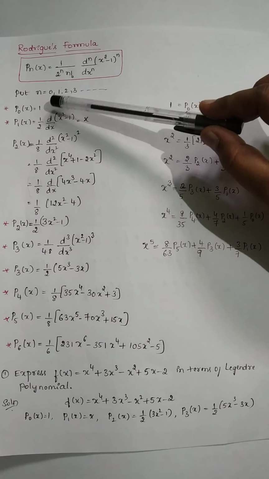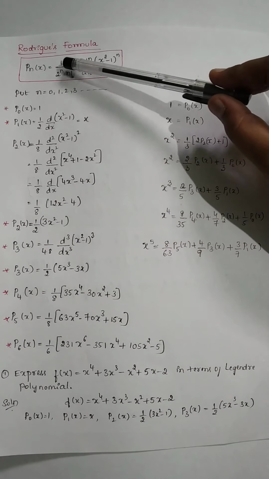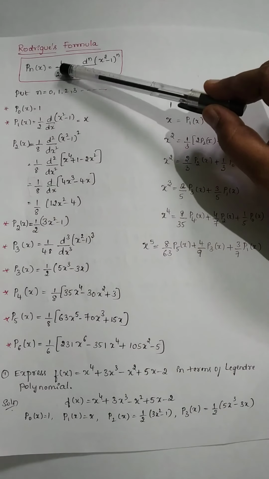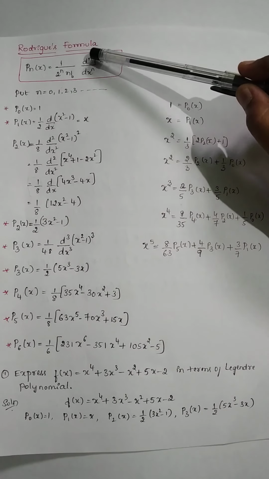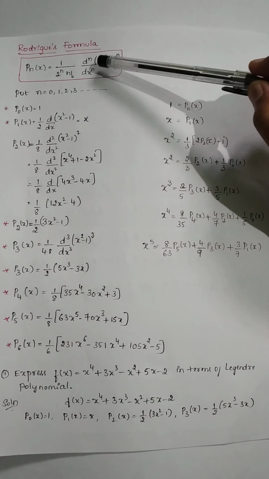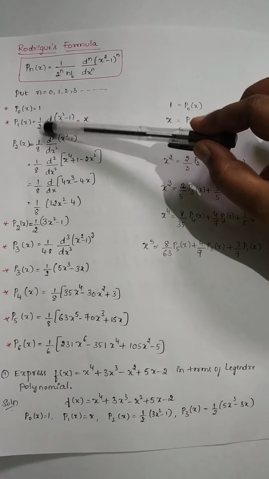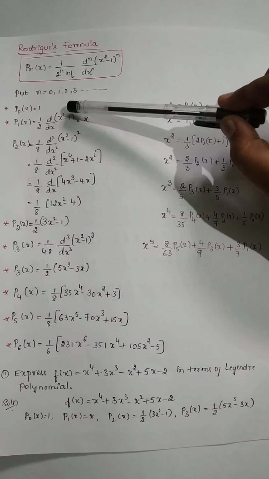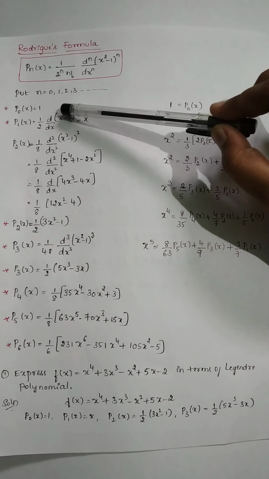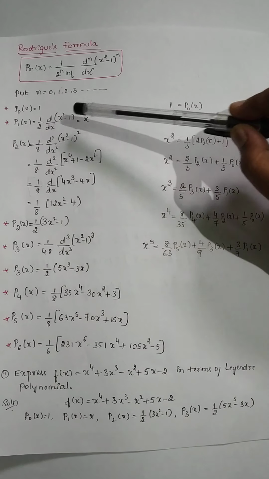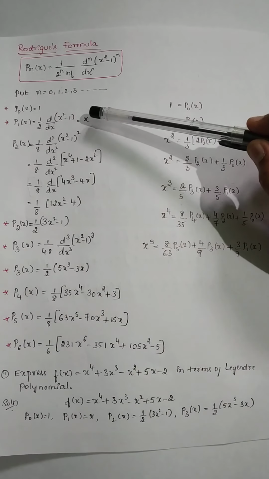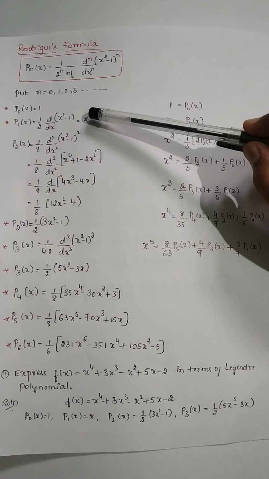When you put n is equal to 1, P1 of x is equal to 1 by 2 to the power 1 into 1 factorial into d by dx of x square minus 1 raised to 1. The derivative of x square minus 1 will be 2x. When you cancel 2, it will be x. So P1 of x is equal to x.